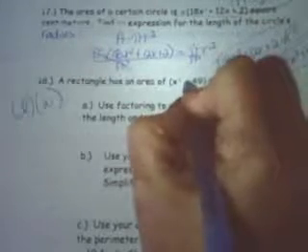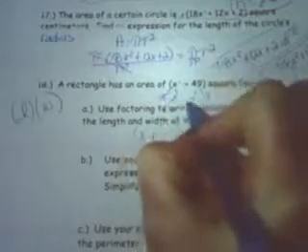I see that I have the difference of two perfect squares because x squared is going to become x times x. Negative 49 is going to become 7 times negative 7. So this is going to factor to be x plus 7, x minus 7. Okay. There I factored it.